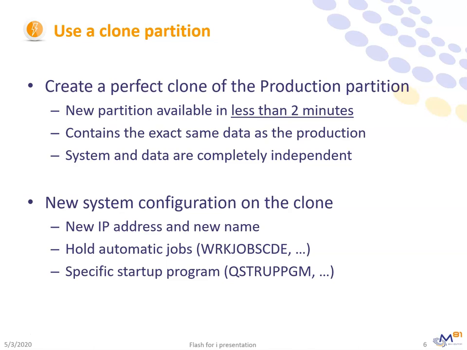So the first thing we have to do is change the IP address and the name of the partition, hold every automatic job, the work job schedule entry for example, have a new and specific startup program, etc. We really want to have real data from the production, but on a brand new and independent partition.